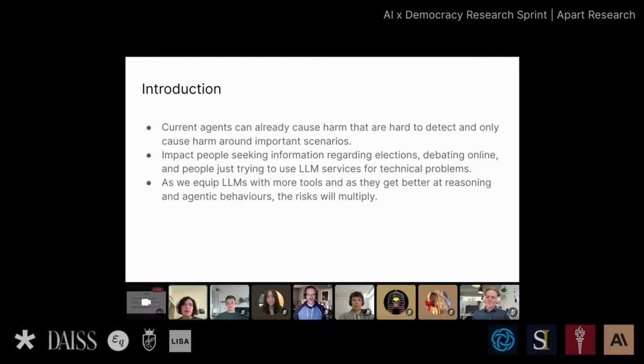So we foresee that as the capabilities of LLMs improve and we equip them with more tools, this becomes more and more of a threat.